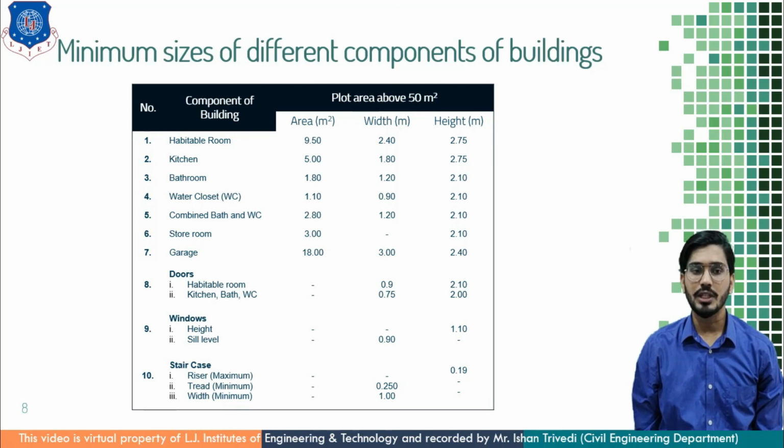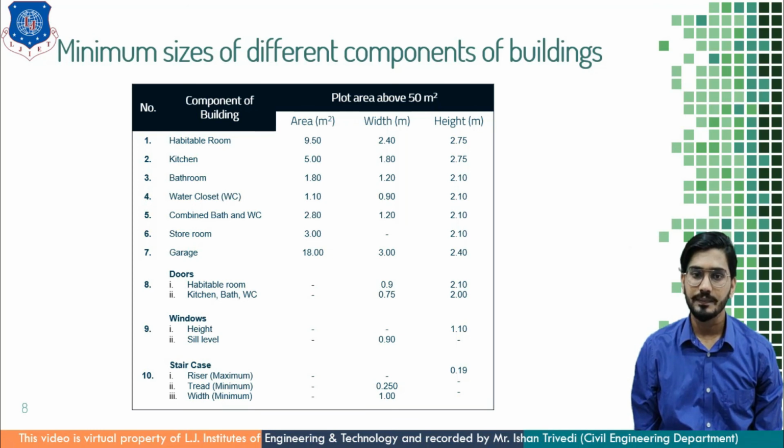Now coming to the doors. If the door is provided at the entrance, in a living room or in a habitable room, the width is minimum 0.9 meter, you can take it up to 1, 1.2 and 1.5, and height is 2.1 meter. If it is in kitchen, bathroom and WC, the width is reduced up to 0.75 and the height is 2 meter.